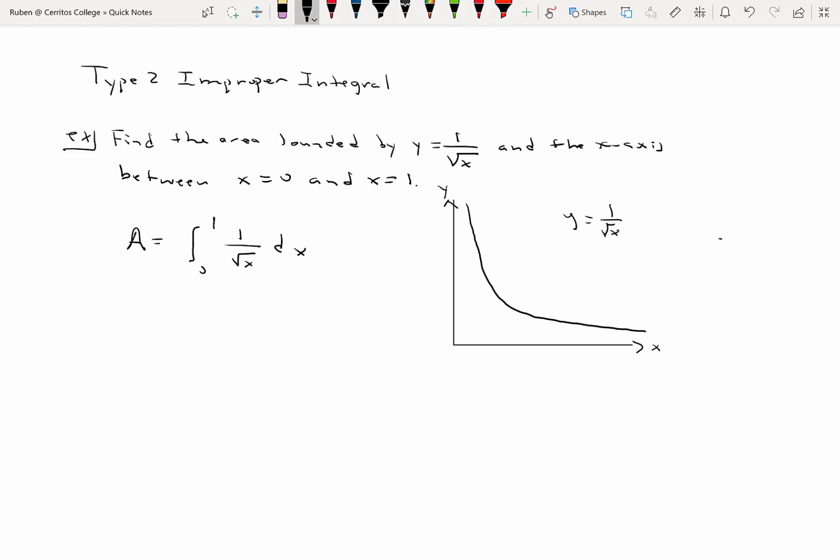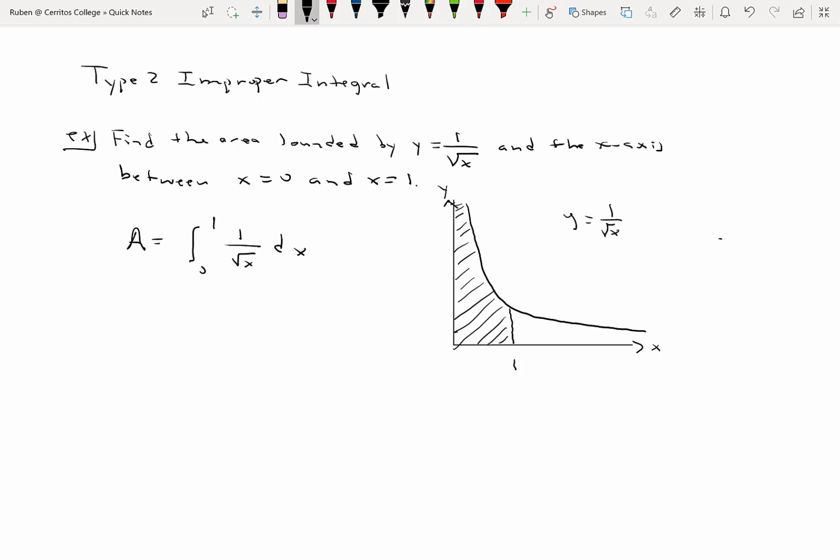If we're interpreting this integral geometrically, what we're asked to do is find the area between 0 and 1, but the function becomes infinite as we approach the origin. So this region extends infinitely vertically upward.